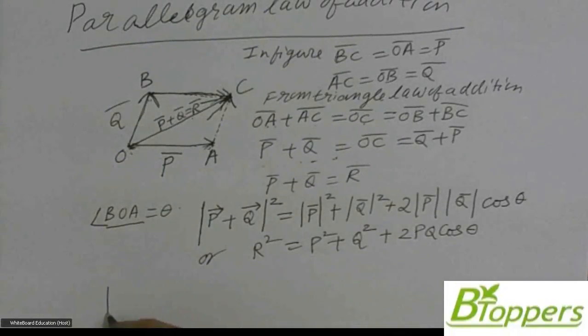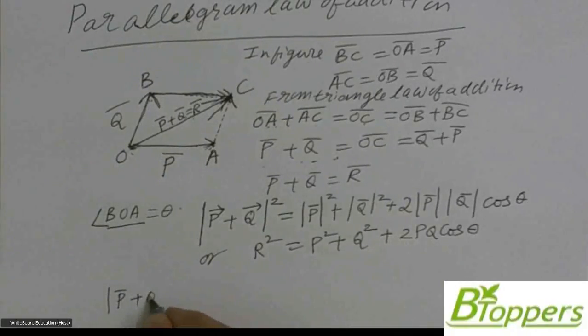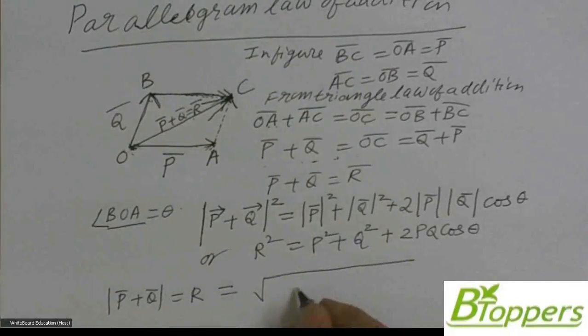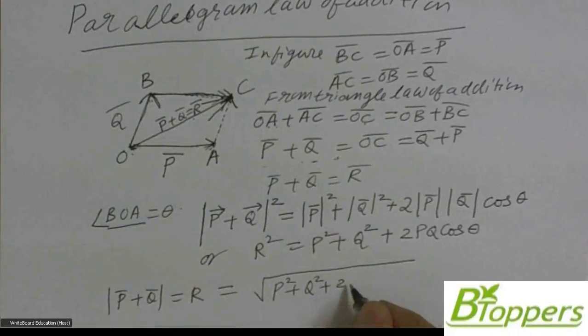Therefore, the magnitude of the resultant of P bar and Q bar, which can be denoted by R, is equal to root of P square plus Q square plus 2PQ cos theta.